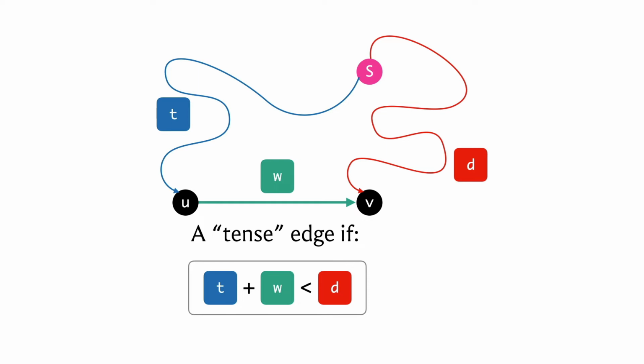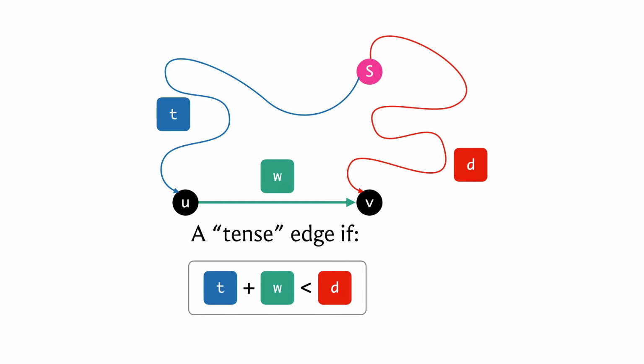Well, we know that t in this example, which is the distance from s to itself, is 0. So what we have is 0 plus w on the left hand side and infinity on the right hand side. So this inequality certainly holds. So at the very first step, at the beginning, you definitely have as many tense edges as there are out neighbors of the source vertex s.